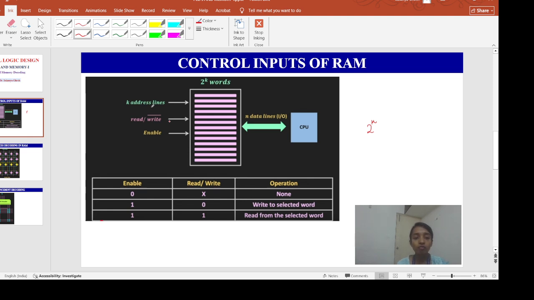In order to perform these read-write operations, we also need two control signals.